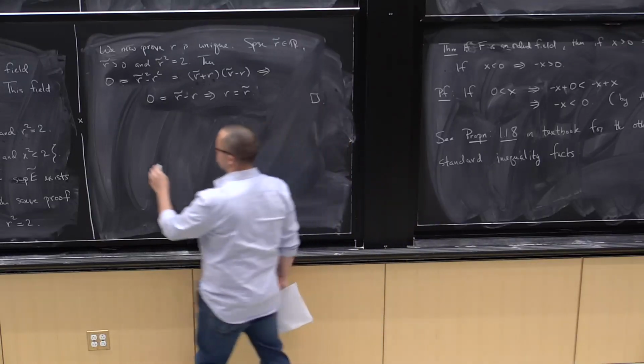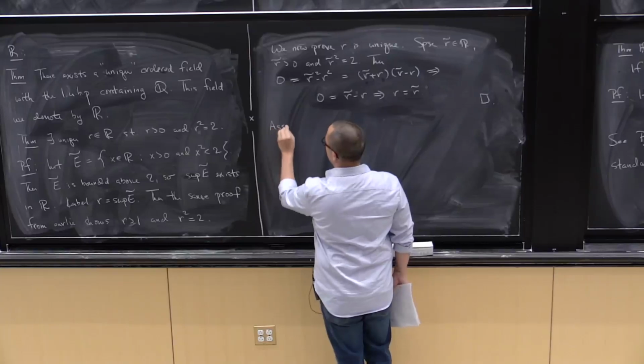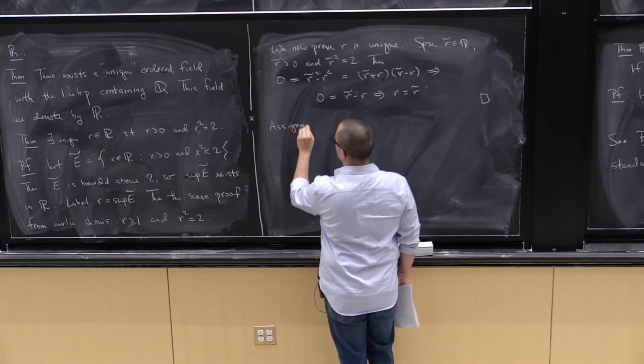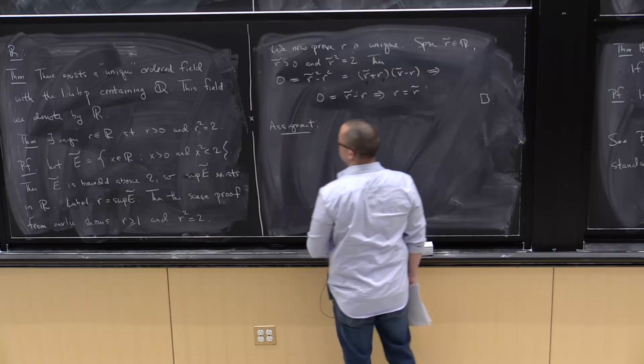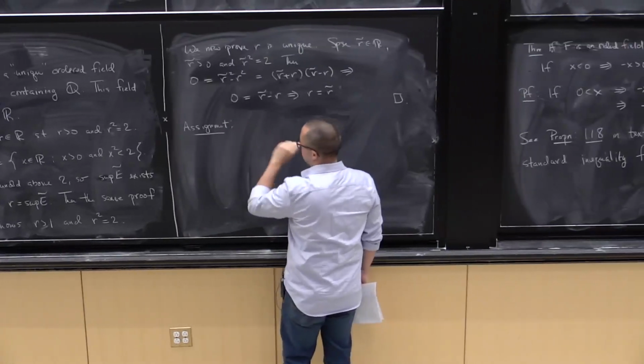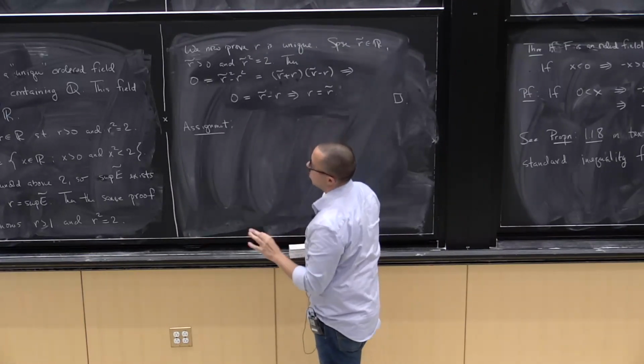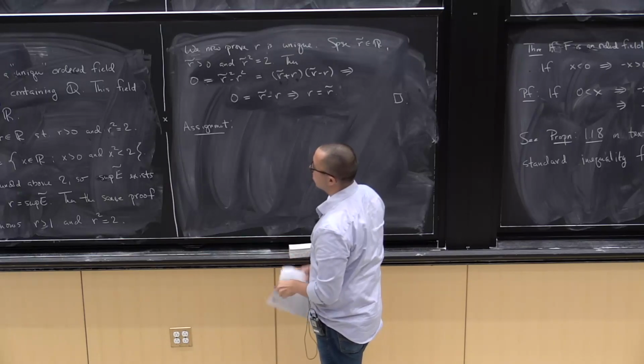And I'll put it on the assignment. So this shows that square root of 2 exists, okay?